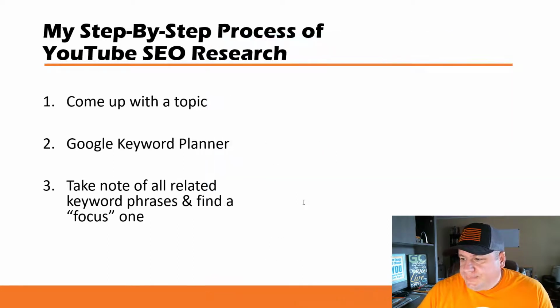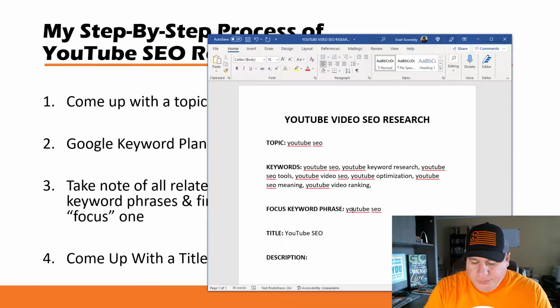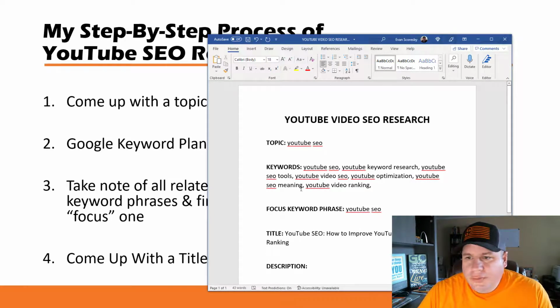So now, next on the list, I come up with a title, right? And this is going to be related to YouTube SEO. So if you look at the title of the video that you're watching right now, that's the title I came up with. I put in YouTube SEO, and I put how to improve YouTube search engine ranking. I believe that's what I put.